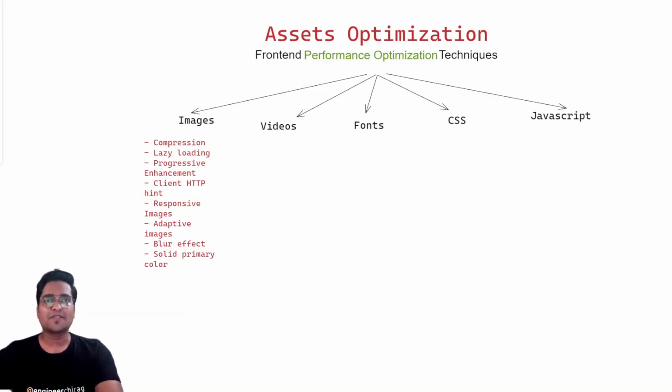In terms of videos, we are going to talk about progressive enhancement, which is one of the cool and important things. Replace your GIFs with videos; we are going to talk about why. Then we are going to talk about responsive poster images.